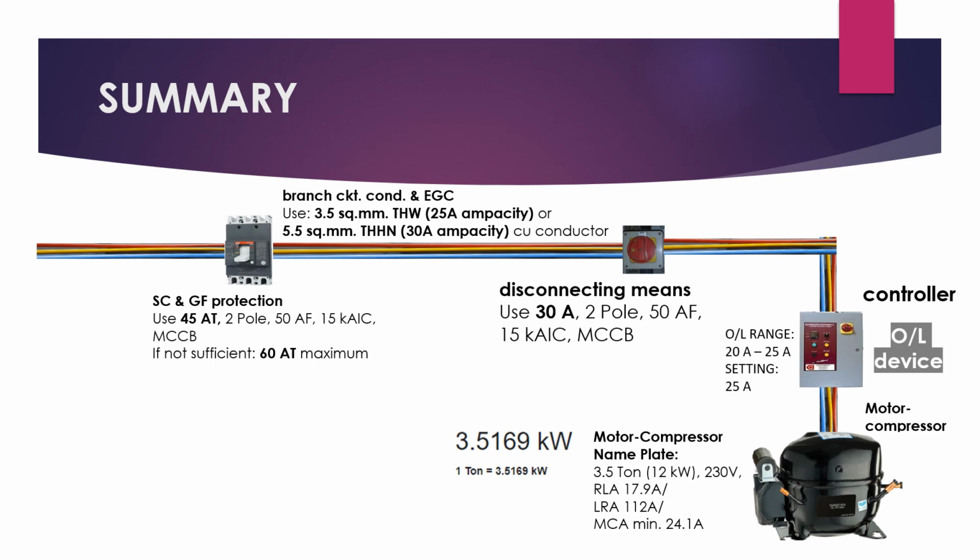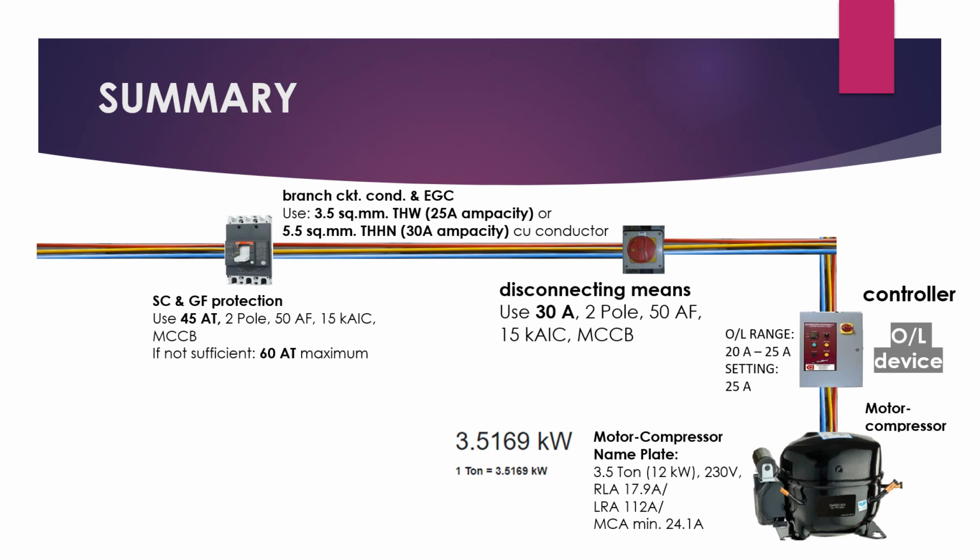And the last, for the motor compressor nameplate is given as 3.5 ton or 12 kilowatt, 230 volts. The rated load ampere is 17.9. The locked rotor ampere is 112 ampere. And the minimum circuit ampacity is 24.1, which is also the same as the branch circuit selection current.